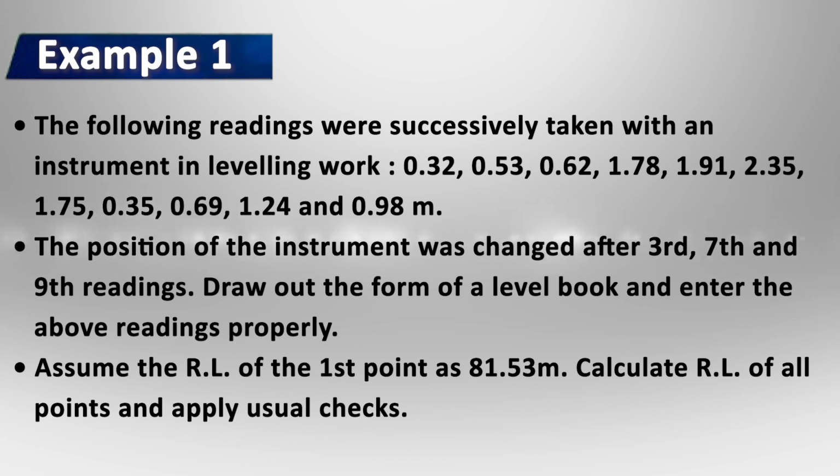The position of the instrument was changed after the 3rd, 7th and 9th readings. We have to draw out the form of a level book and enter the above readings properly. Assuming the reduced level of the first point as 81.53 meter, we have to calculate the reduced level of all points and apply the usual checks.